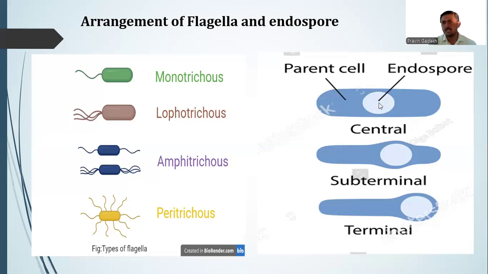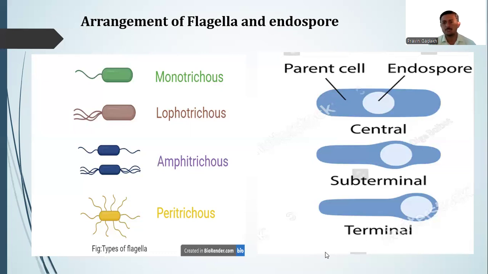If the endospore is present at the center of the cell, we call it the central endospore. If the endospore is present somewhat towards the end of the bacterial cell, we call it the subterminal endospore. And if the endospore is present at any one end of the bacterial cell, we call it the terminal endospore.